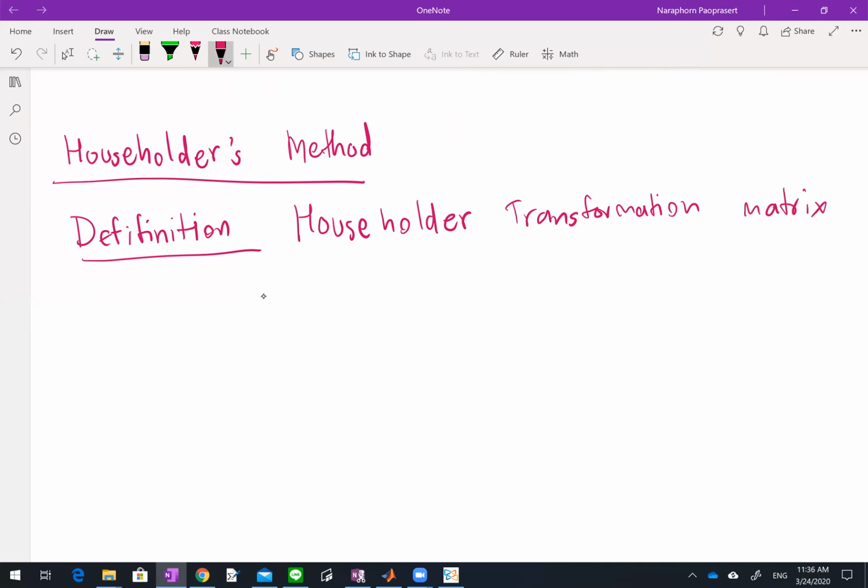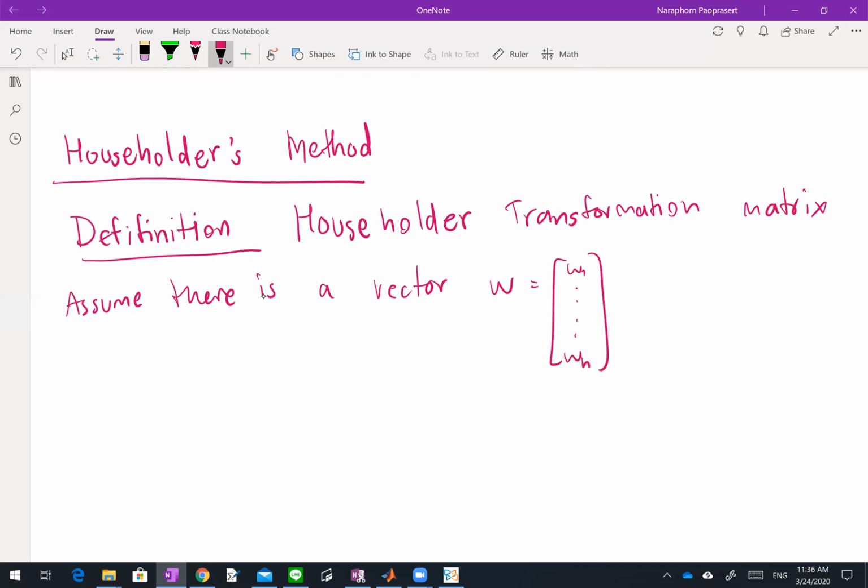Let's assume there is a vector W equals W1 up to Wn, or we can say that W is a member of R^n, the symbol that says W is a real vector with n dimensions. We also assume W transpose W equals 1.